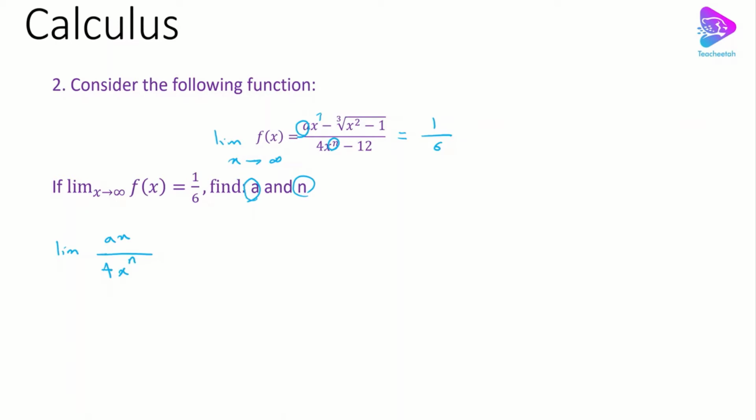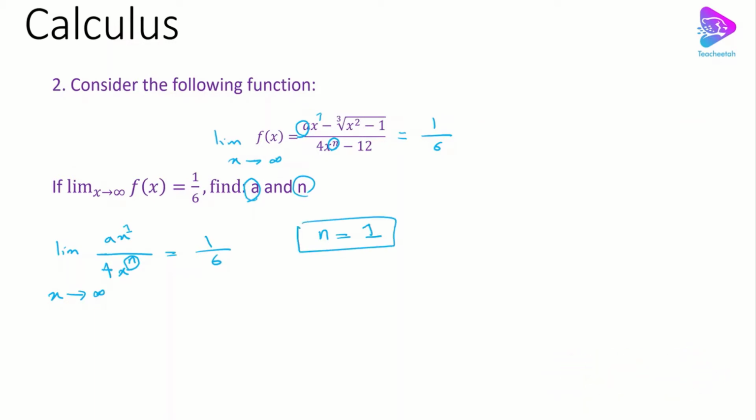And based on those conditions that I discussed, the highest order of the top and the bottom should be the same in order to get a number like 1 over 6 when x is approaching infinity. So this is 1 over 6. It means that this n is the same as whatever we have on top as the power, so the answer for n is going to be 1.